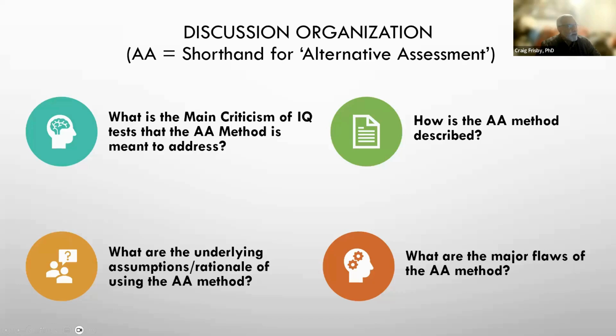So whenever I talk about an alternative paradigm, I'll break it down into these 4 points. I'll talk about the main criticism that they have of IQ tests. Then we'll talk about how that method is described. Then we'll talk about the underlying assumptions of the method. And then we'll talk about the method's major flaws.